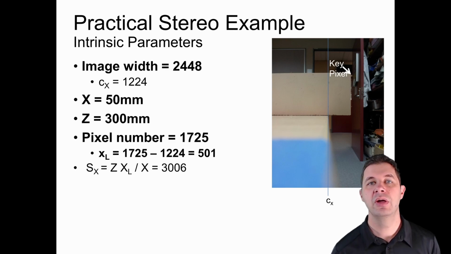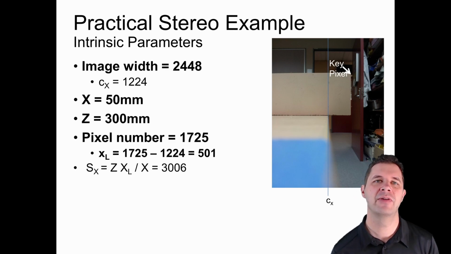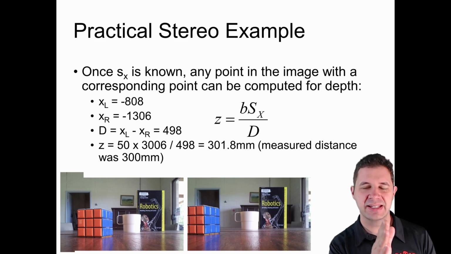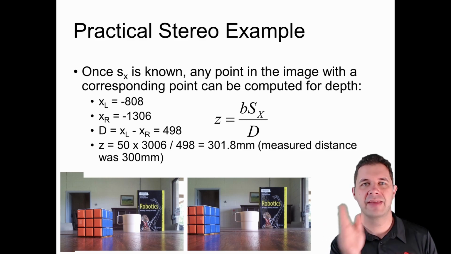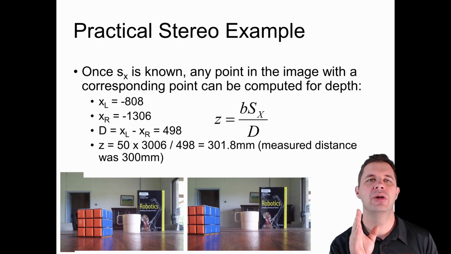Then what we can do is use that scale factor, calculating the scale factor for each camera. If it's the same camera, it should have approximately the same scale factor. We can identify a point that we can see in both our images, and calculate the distance of that point from our center point for each image. So we get our XL value and our XR value.